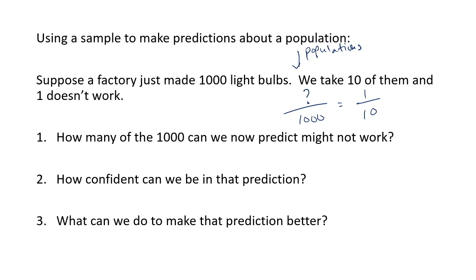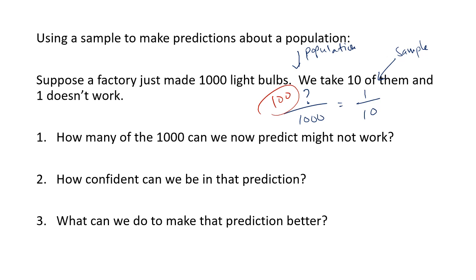And then this is what I know from the sample. So for my sample, I had 10%. So within my population, my guess would be also 10%. I would have this proportion, and my prediction, conjecture, or hypothesis would be that 100 light bulbs within all of those 1,000 don't work.